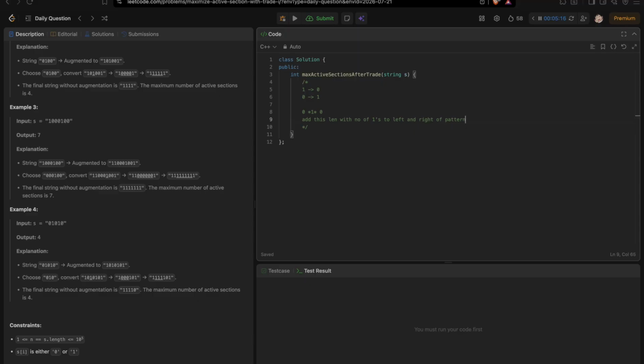Yeah, I think it makes sense, because we can at most convert one continuous subarray. So we need to check the number of zeros towards left and the number of zeros towards right.